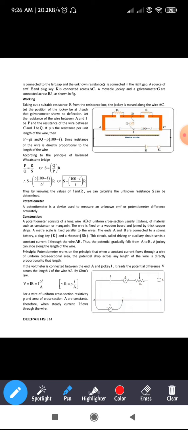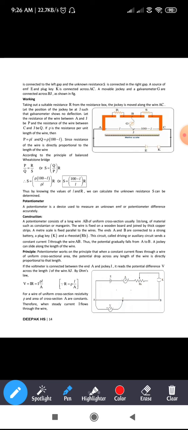So we use the voltmeter and also the potentiometer. They are going to ask which device, between the voltmeter and potentiometer, gives the accurate value.